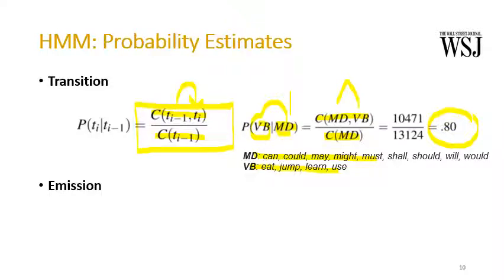Now it's very similar with the emission probability. You want to know, given the tag is tag t_i, what is the probability it will produce the word w_i.